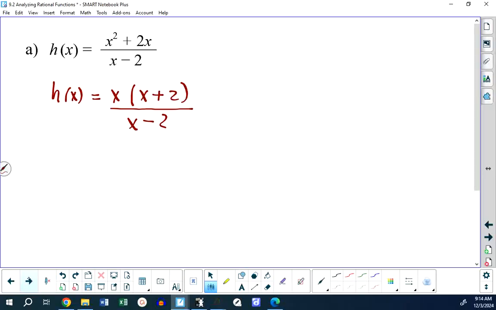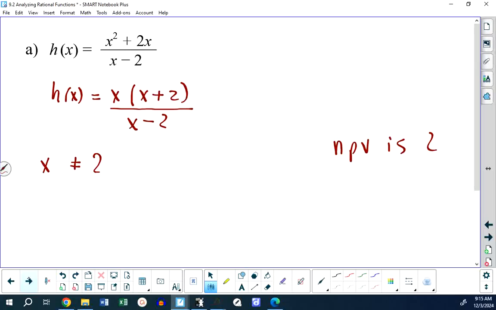And now I can say that the non-permissible value, well, this is something we always struggle with, but if you're writing a diploma exam, teachers know. You could put the NPV is 2. I prefer to say x is not equal to 2. It's more clear. It's telling you that x cannot be equal to that number.